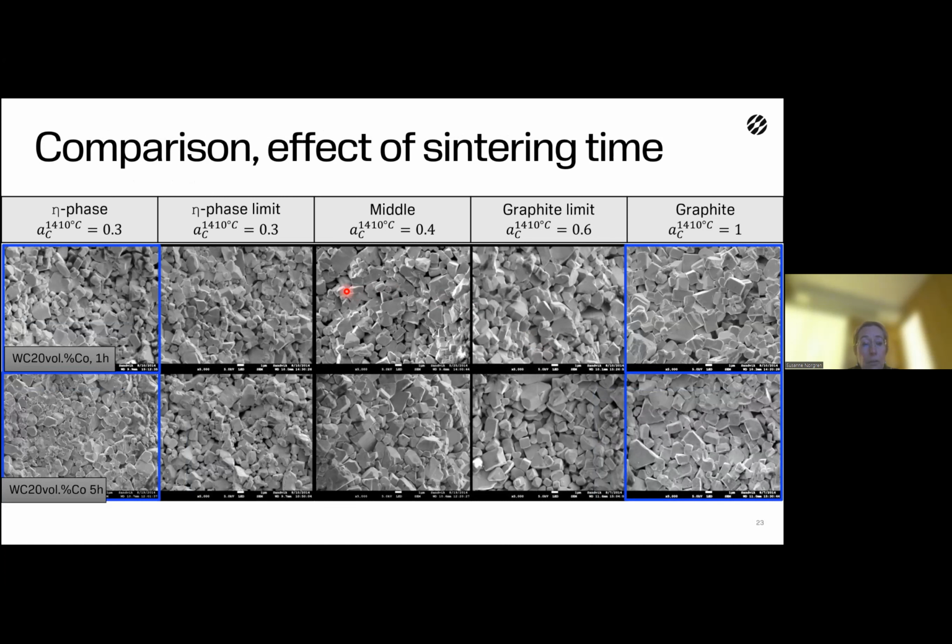And here is an overview where you can see the effect of the sintering time, 1 hour top and 5 hours, and also the difference in carbon activity for the different materials. And as you see, these two start to get more triangular compared to this.